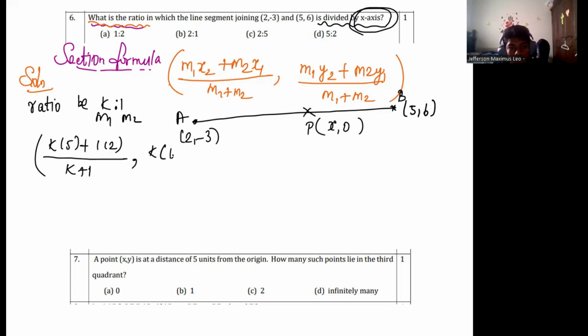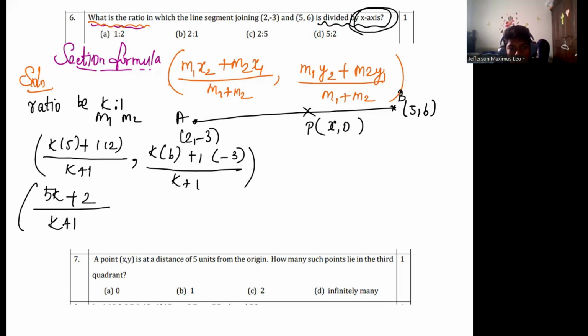And k times y2 plus 1 times y1, which is -3, divided by k plus 1. Simplifying this, it is (5k plus 2) by (k plus 1), comma, (6k minus 3) by (k plus 1).